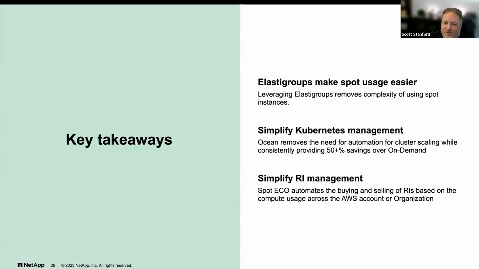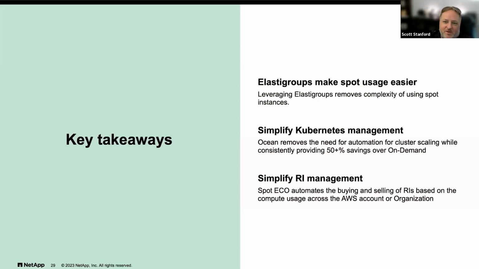Takeaways: Elastigroups manage working with Spot. You don't have to worry about trying to reassemble things or having an instance with a bunch of user data or automation to get it in that state. It'll put that instance back together.